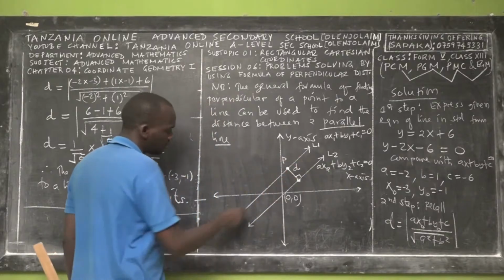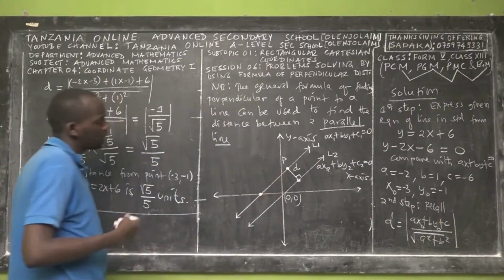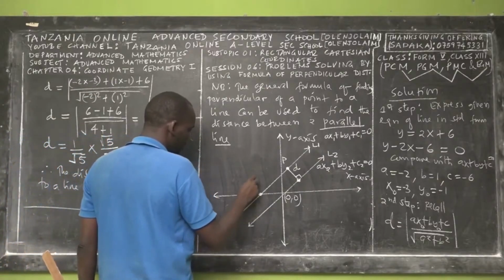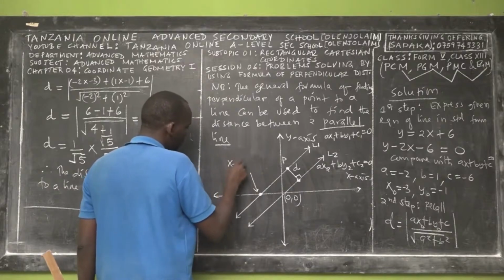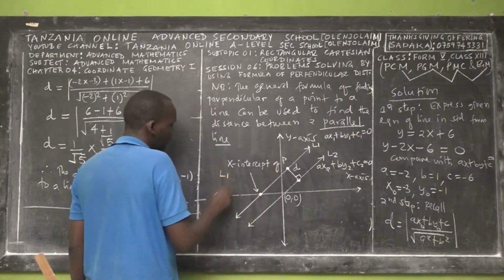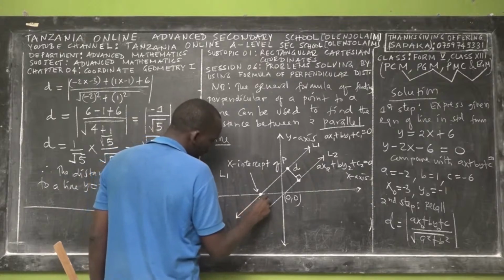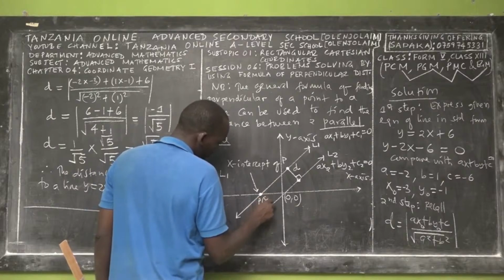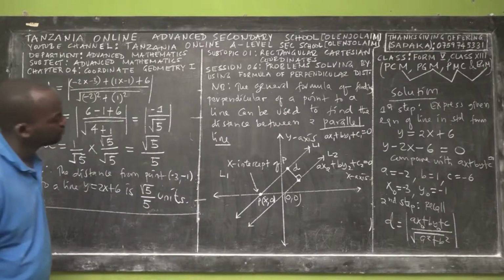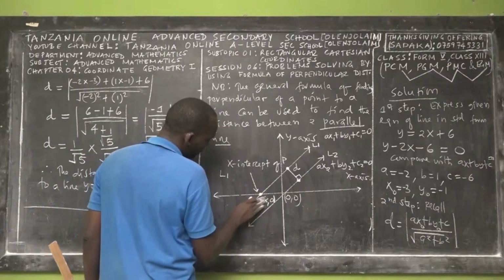But the most interesting point, we use the x-intercept. So this is the x-intercept of line 1, and here is point P. So you can find the perpendicular distance.